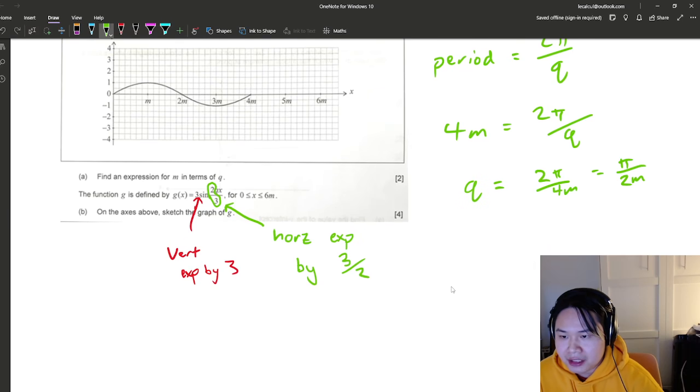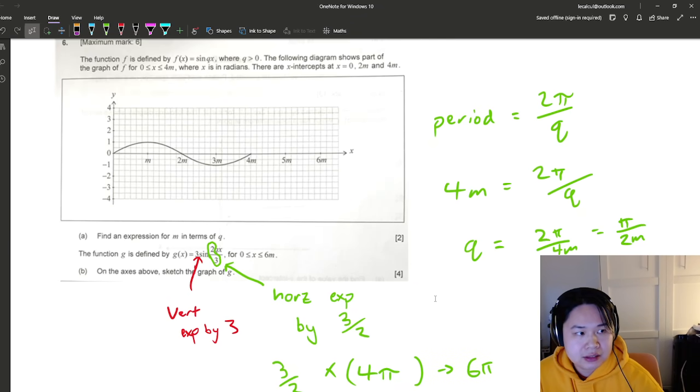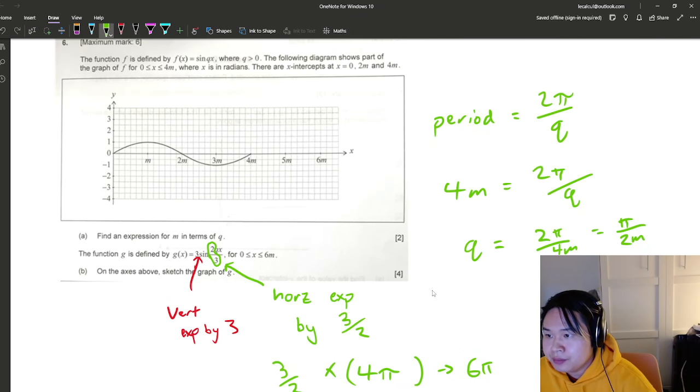But anyways, okay. So what does that mean? That means that your 4 pi period is going to be expanded by 3 over 2. So it becomes 6 pi. And then we can sketch the graph because nothing else changes. So 0 will stay at 0.